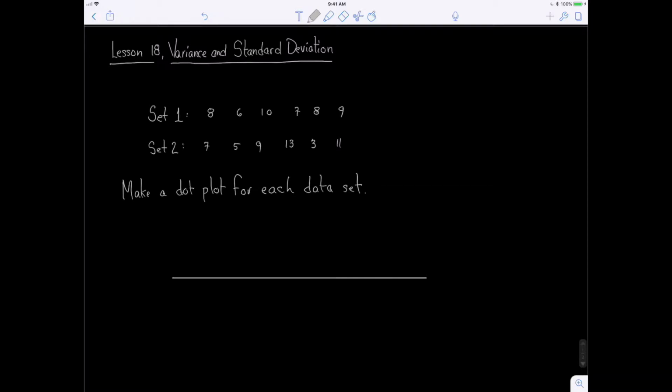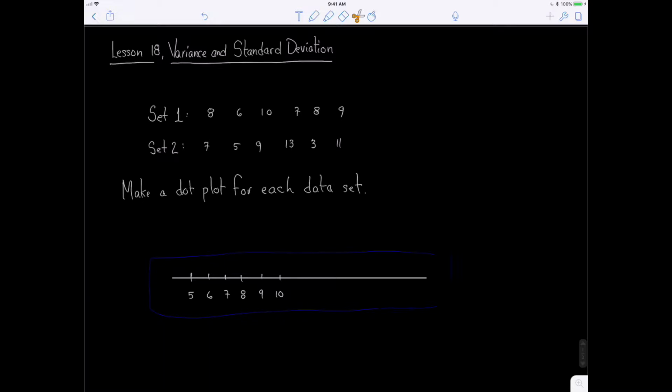Oh, whoopsie, pen just fell. So let's start here. I have 6, 7, 8, 9, 10, 11. Actually, that's all I need, this is a very small data set. So if I start at 5, 6, 7, 8, 9, 10, okay, then before I go any further, I'm going to copy that.